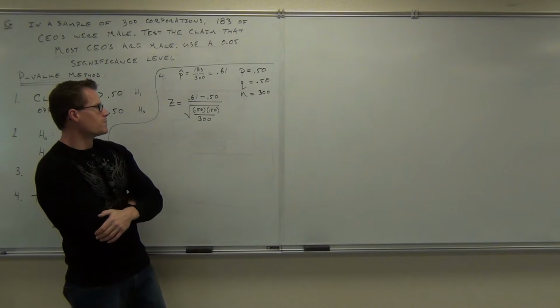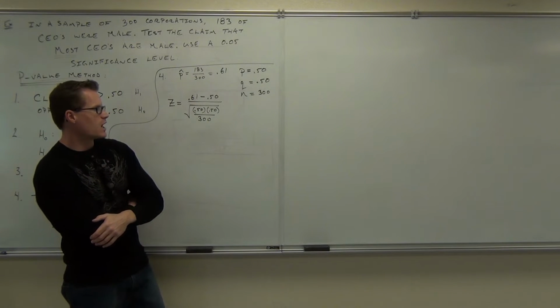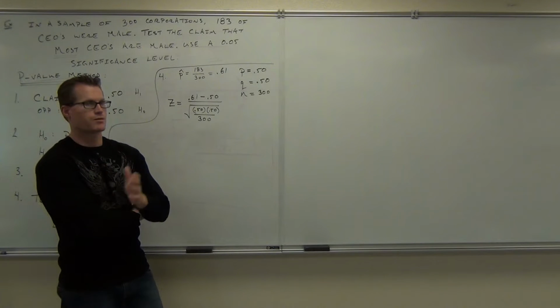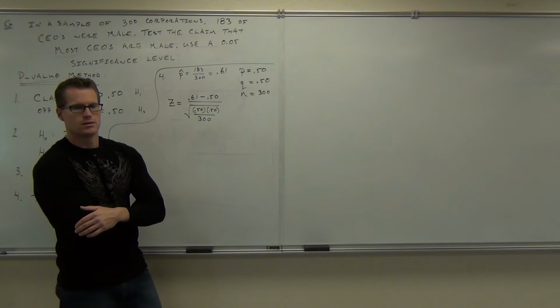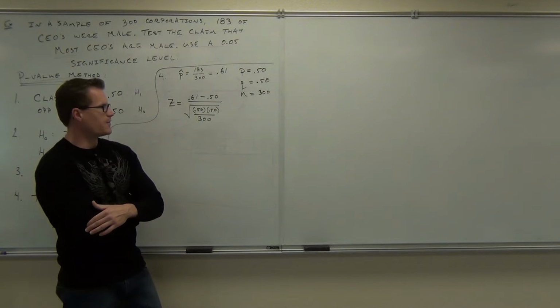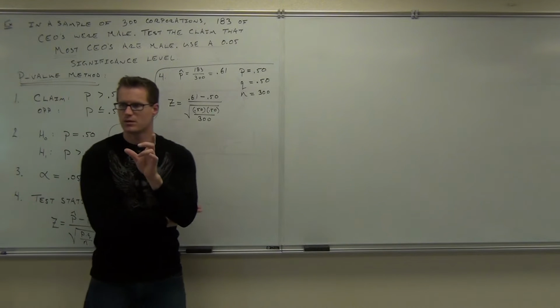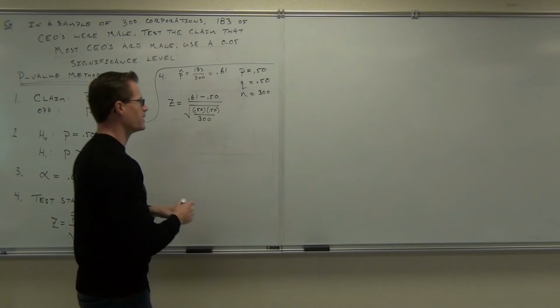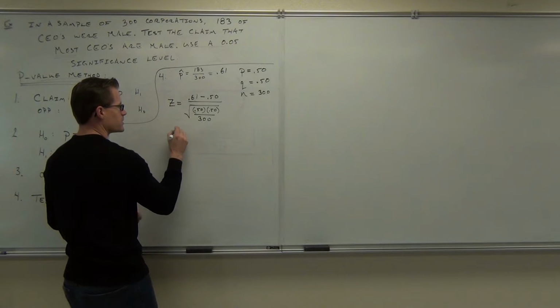So you're going to do 0.50 times 0.50, that's going to give you 0.25. You'll divide by 300, whatever that gives you. Then take the square root of that number and divide 0.11, that's 61% minus 50%, 0.11, divided by whatever you had. Let's have a z-score for me, please.